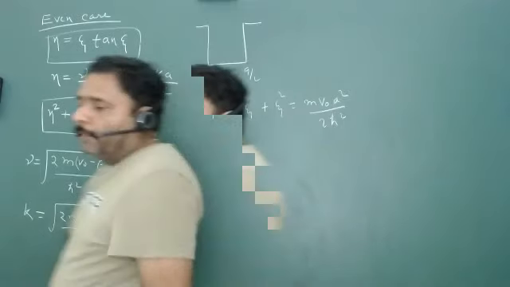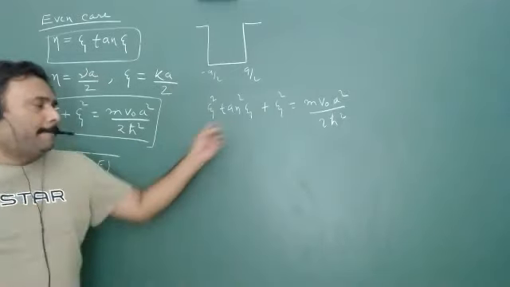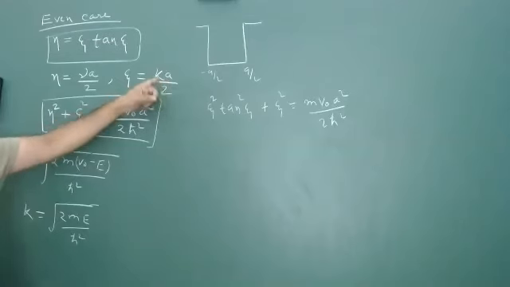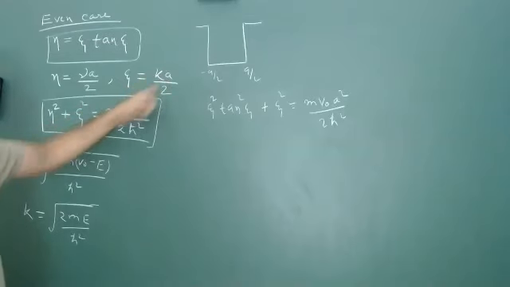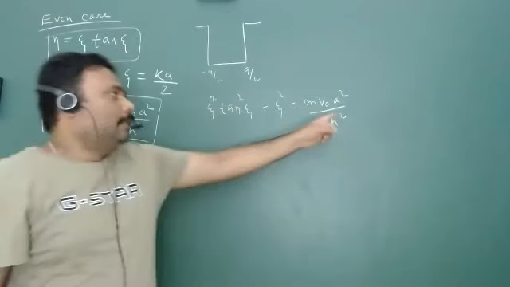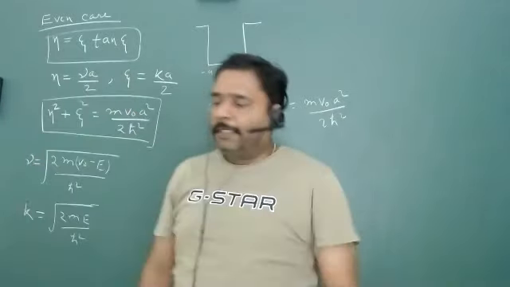If we solve for xi, we can get the value of k into a, and once we have k into a, we can easily calculate the value of E. So theoretically there is not any problem.